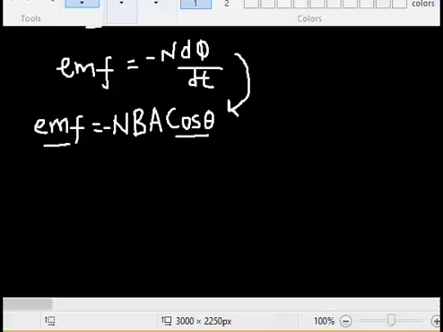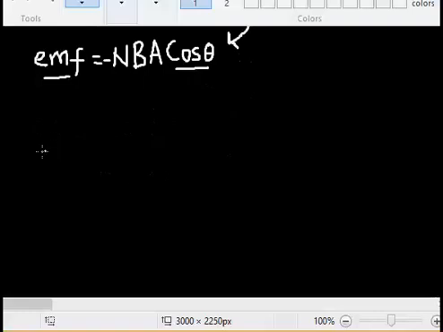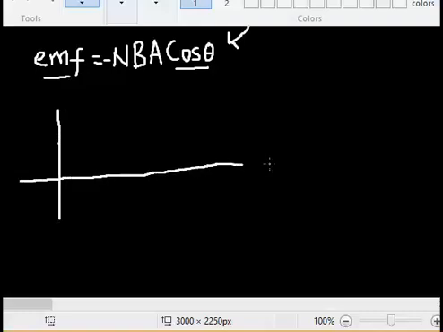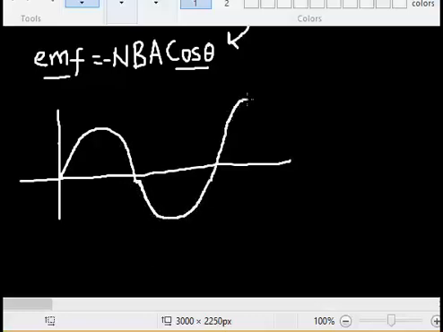What this tells us is that at different angles of the coil, the EMF changes. So the EMF generated by an AC generator, both the EMF and the current, is alternating. So it's AC. And of course, this is the graph you get. At one point it is maximum, at the other point it is minimum.